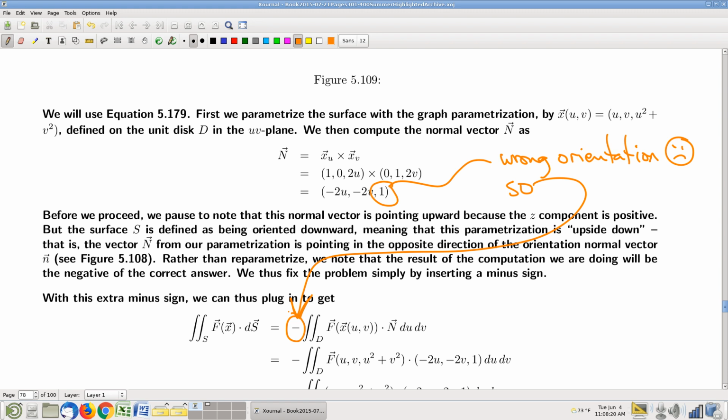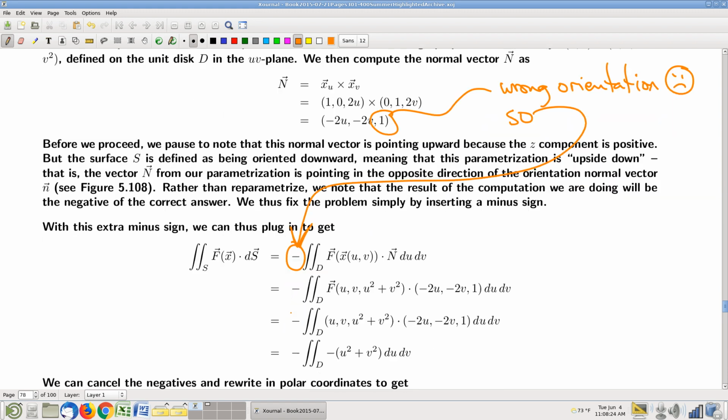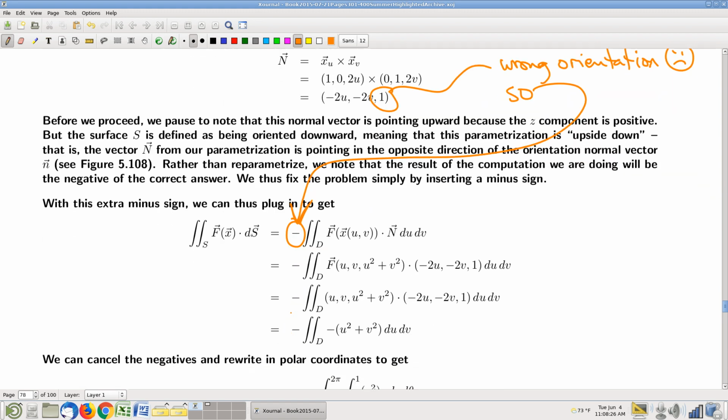Okay, let's finish this super quick and then we'll take our break. But it's all over but the shouting at this point. The vector field, of course, you just pull back. We rewrite the vector field in terms of the parameterization. Remember, the parameterization tells you what x, y, and z are. X is u, y is v, z is u squared plus v squared.